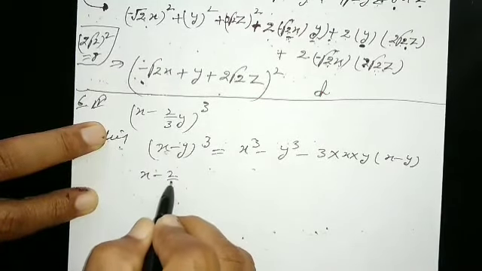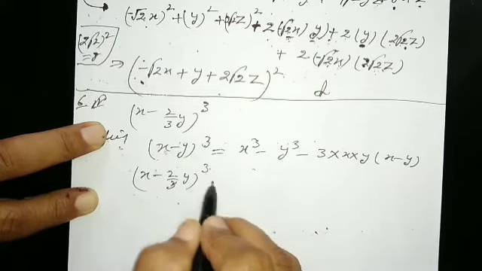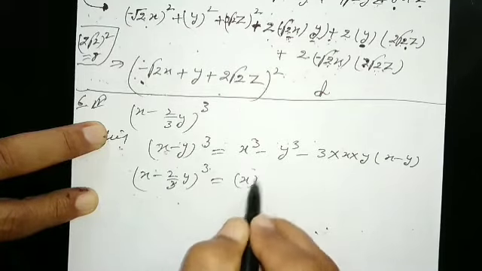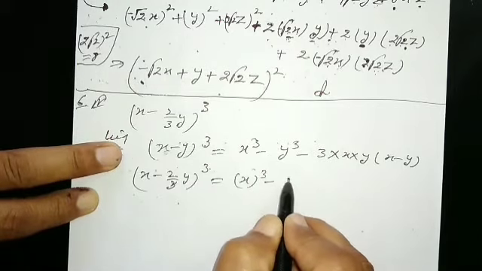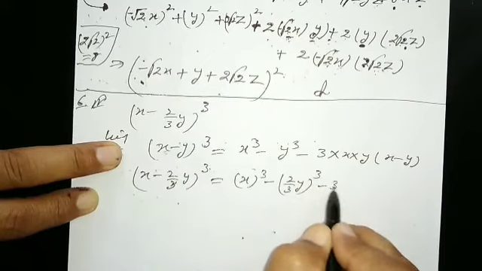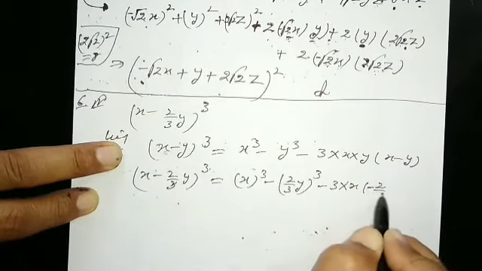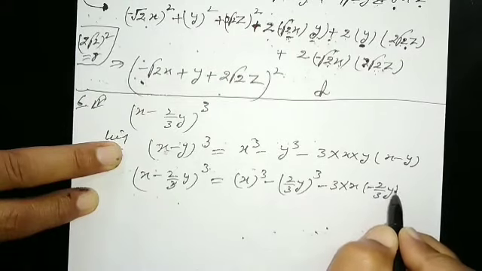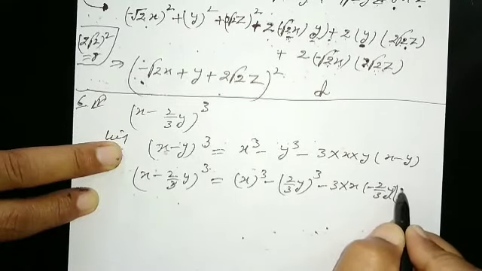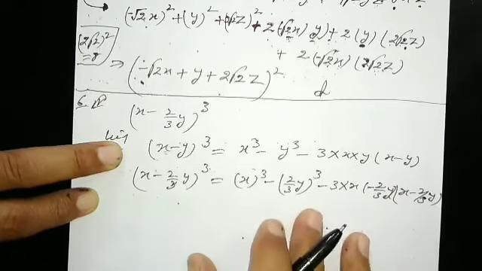Here first is x and second is 2 by 3 y. So cube of first minus cube of second, minus 3 into first into second and first minus second, right?